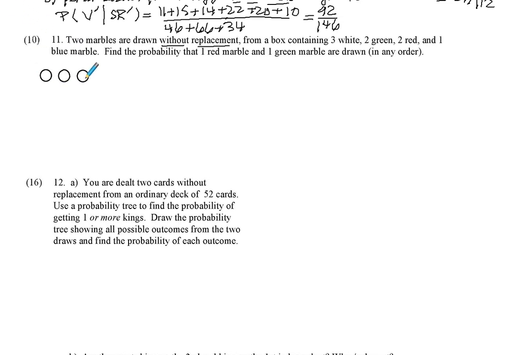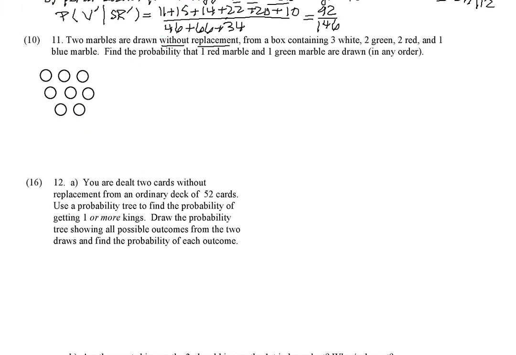So let's see, there's our 3 white, and then we got 2 green, and 2 red, so 3 white, 2 green, 2 red, and 1 blue.